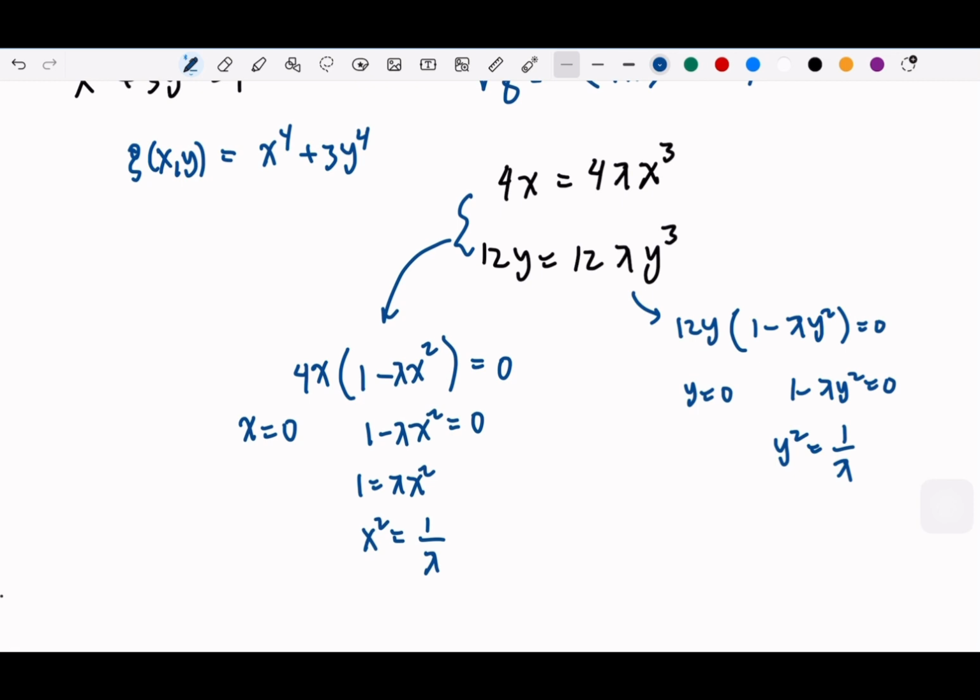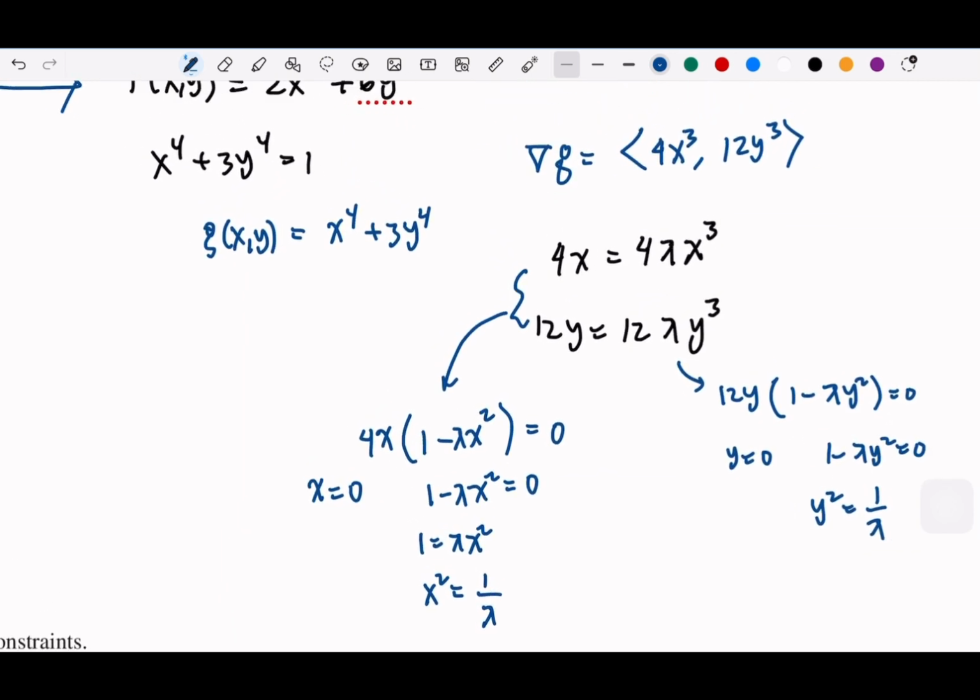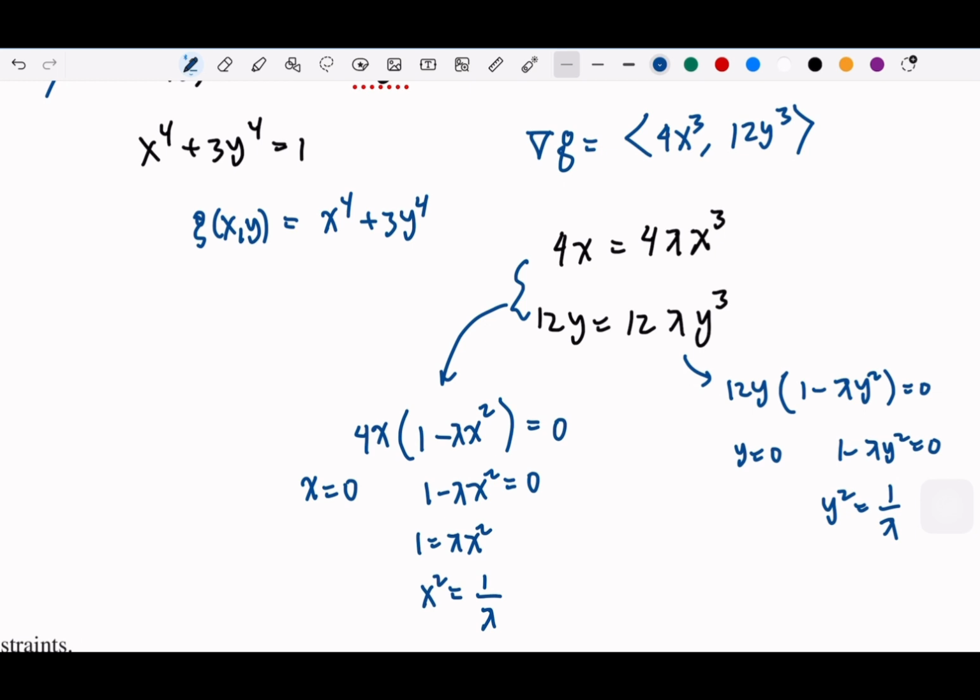Now, look back at what we have in the constraint. We have x to the power of 4 plus y to the power of 4. So we have power of 4, power of 4. It's a positive function, right?